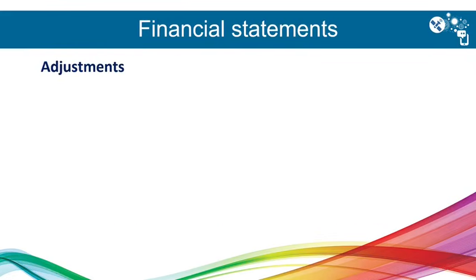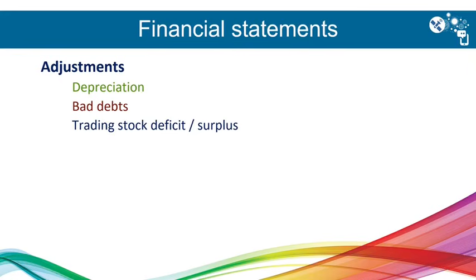Adjustments, you've already done these adjustments. When we've done the trading account and the profit and loss account, you know how to calculate depreciation. Bad debts, that's actually a normal general journal entry that you've done previously in the year. Trading stock deficit or surplus, end of the year, where we must compare.